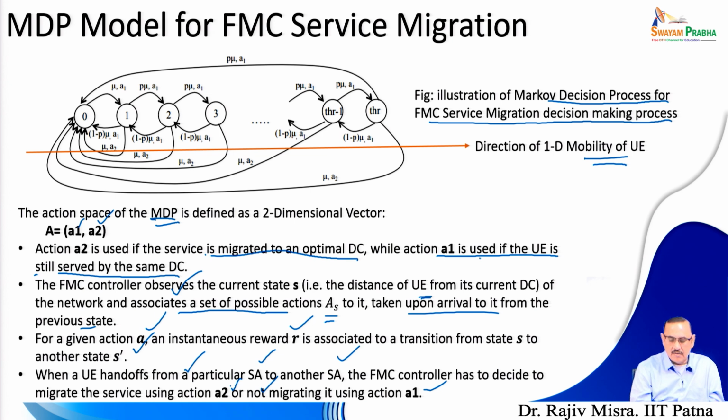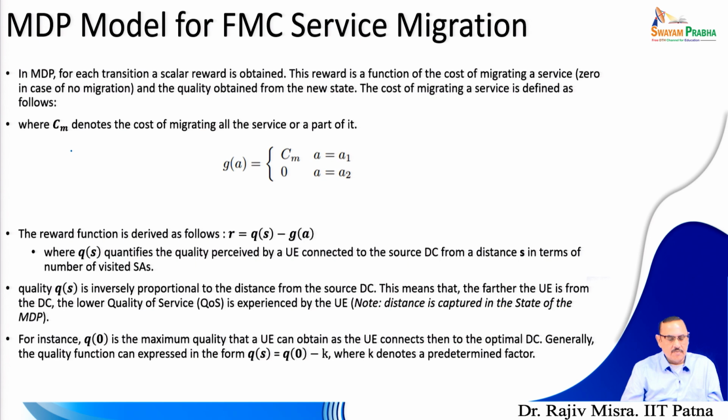A1 is used if the user equipment is still served by the same data center, and there is also A2 and so on. All these actions are modeled using the Markov decision process.